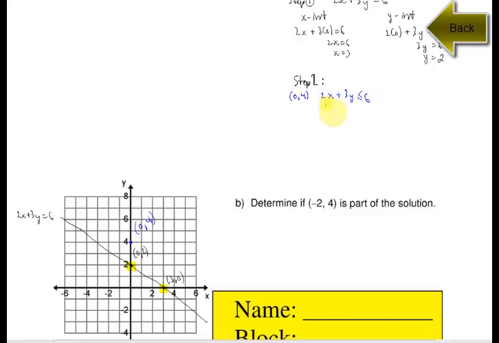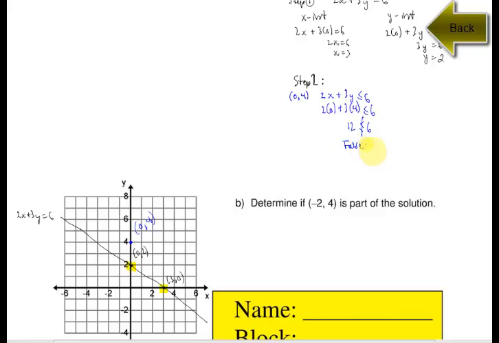So I'm going to put in 0 for x and 4 for y. I'm going to simplify: 2 times 0 is 0, 3 times 4 is 12, and I get 12 is less than or equal to 6. Well, is that true? Is 12 less than 6? No, it's not. Is 12 equal to 6? No, it's not. So this is false.